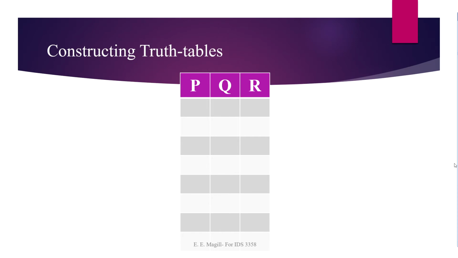So here's the methodology for filling out the possibilities. In the first column, you're going to do half true and half false. So 4 rows of T and 4 rows of F. In the second column, you're going to split that number in half again. You're going to fill in 2 rows of T, then 2 rows of F, then two rows of T again, and 2 rows of F again.